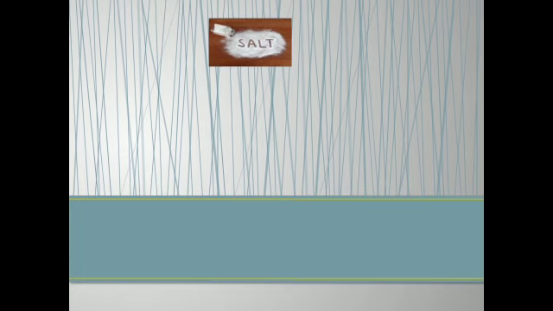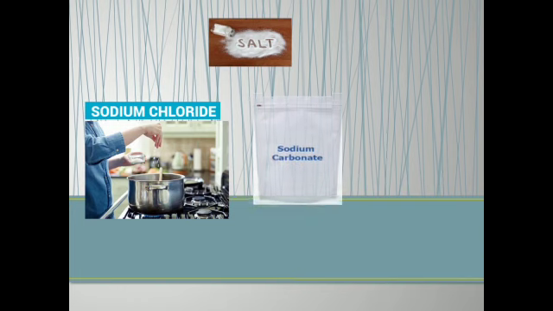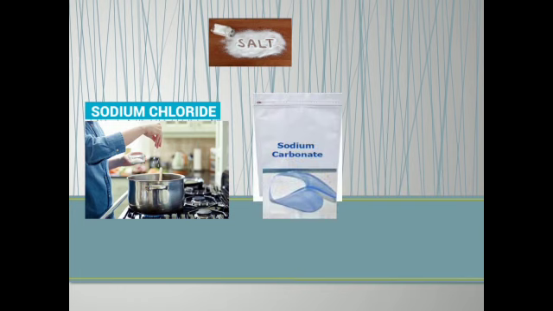Now what is a salt? Salt is an ionic compound, such as sodium chloride. It is a common salt and it is used for food. And now the next is sodium carbonate. It is commonly known as washing soda. It is used in laundry for washing clothes, right? And there are different uses of salts.